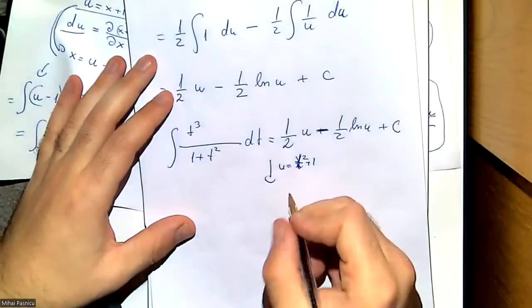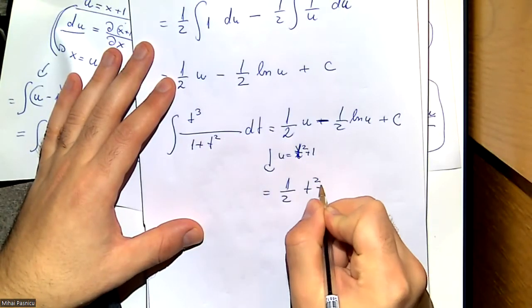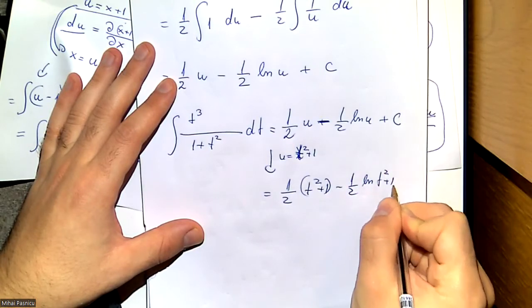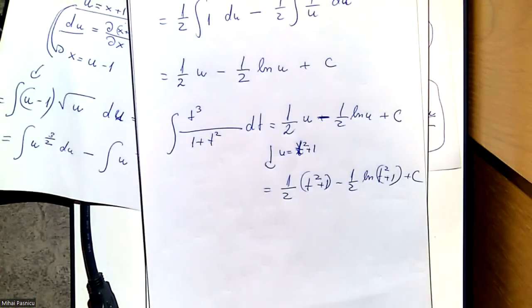So this is equal to 1/2 (t squared plus 1) minus a half log of (t squared plus 1) plus a constant, and I'm done. Okay. Any questions on this?